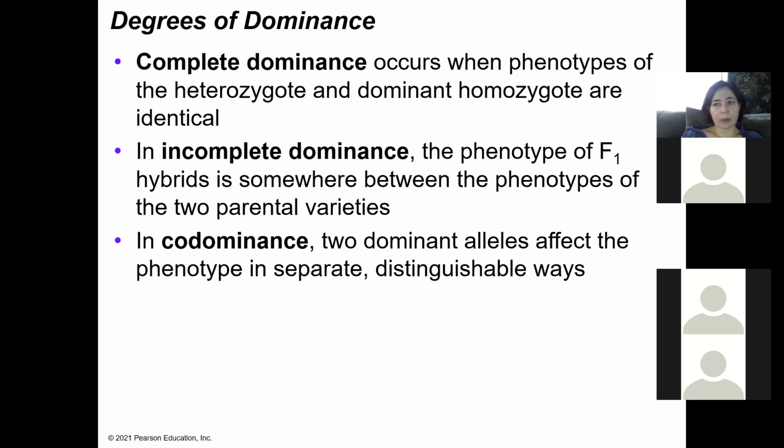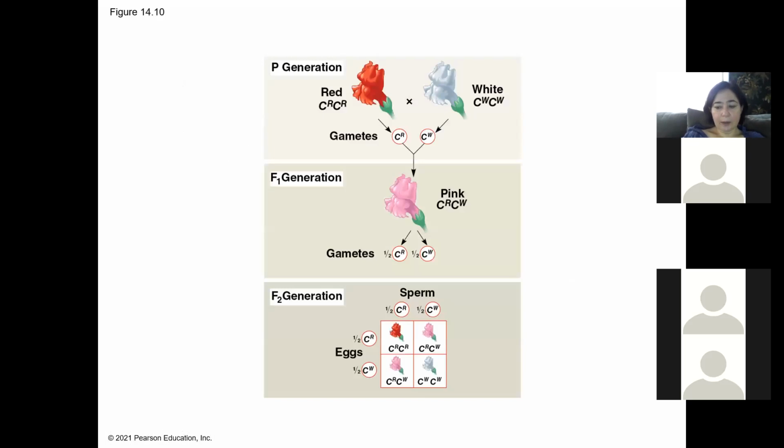So purple is completely dominant over white. Incomplete dominance is when the hybrid is kind of like a blend, right? In between. Codominance is when two dominant alleles actually contribute to the phenotype. So you're going to see it right now.